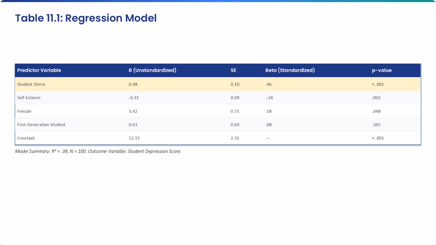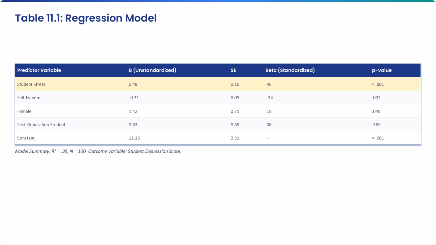Applying our 3 rules, specifically to the regression output from Table 11.1, demonstrates how seamlessly statistical data translates into speech. First, we state the precise statistical finding: stress is positively related to depression, with B equaling 0.48 with a p-value of less than 0.01.